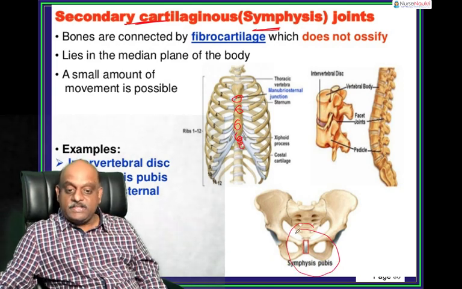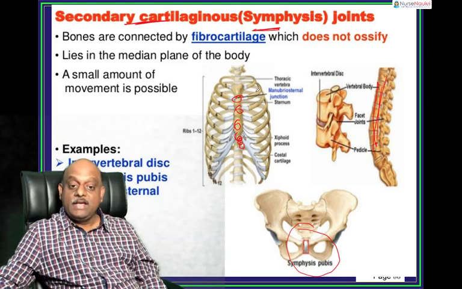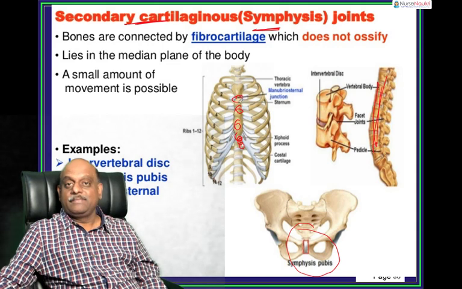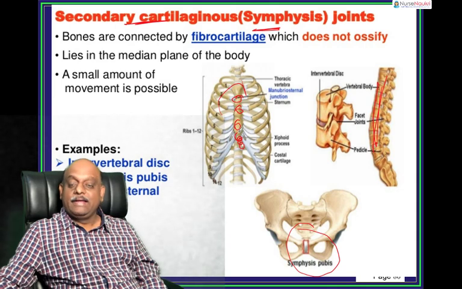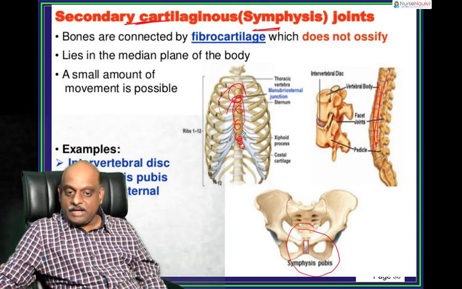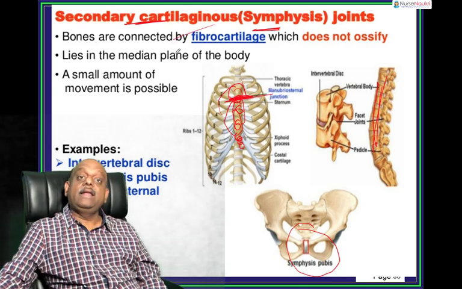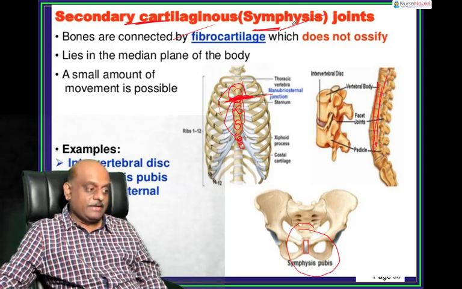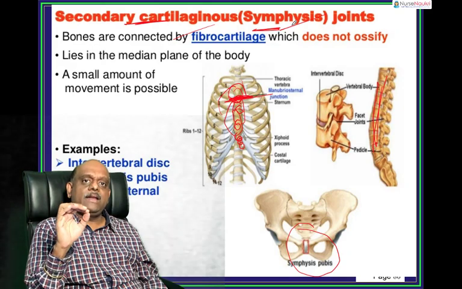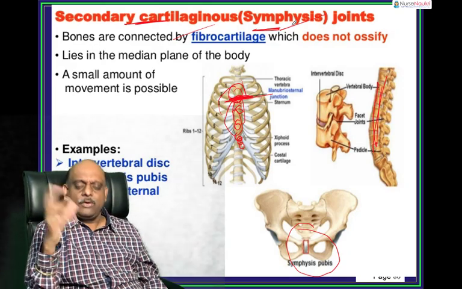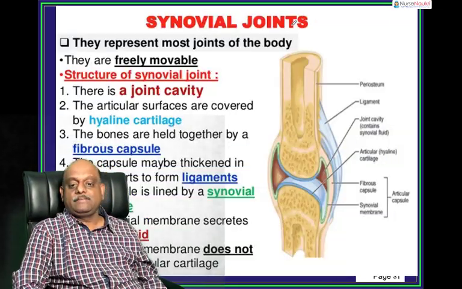Then there is a symphysis pubis, intervertebral disc, symphysis pubis, and manubrium sterni, manubriosternal joint जो होता है, manubrium and sternum, ये दोनों के बीच में manubriosternal joint जो होता है, that is a secondary cartilaginous or a symphysis joint, is what you need to remember. ये देखने में बहुत easy लगता है, मगर examiner ने इसी को घुमा घुमा के पूछेगा entrance में, and you have to be sure to answer it correctly.